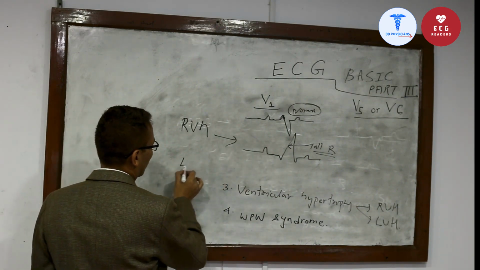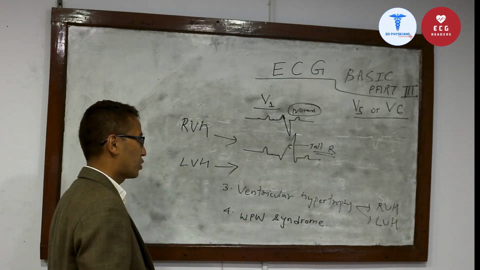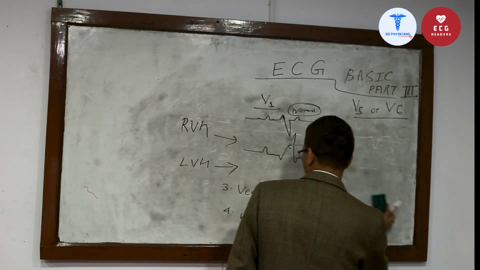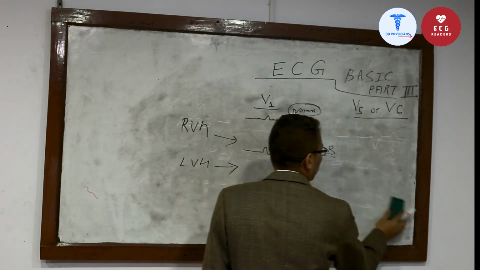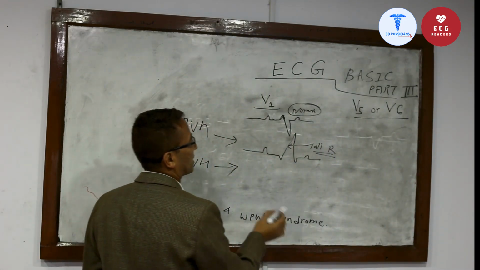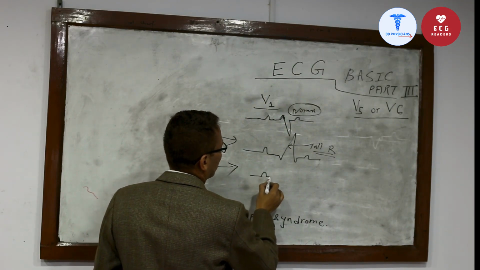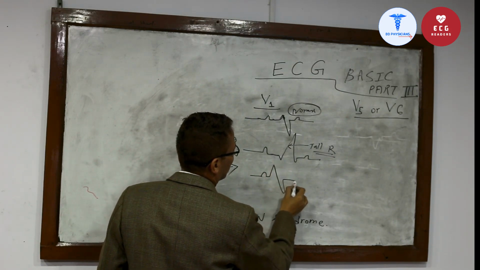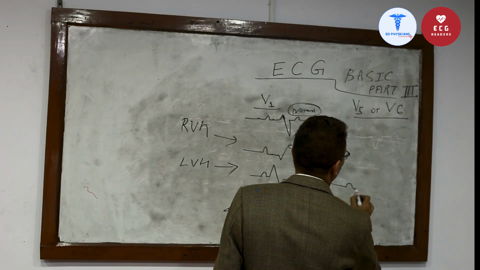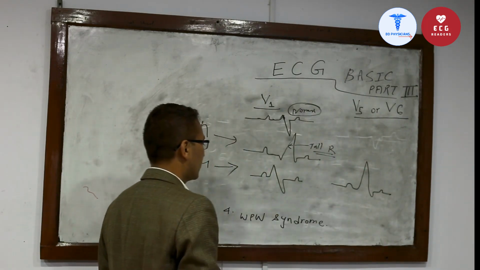In case of left ventricular hypertrophy, there are so many criteria. The commonest is the voltage criteria, also called the Sokolow criteria: the depth of the S wave in V1 plus the height of the R wave in V5 or V6.